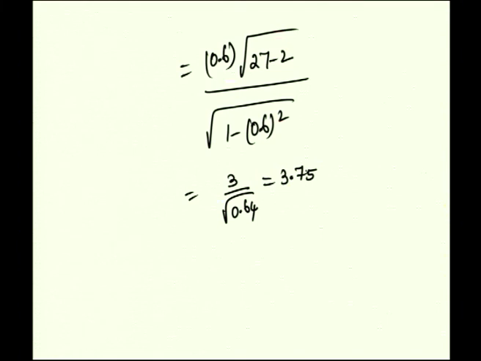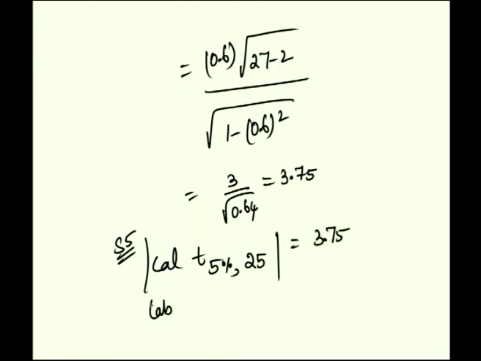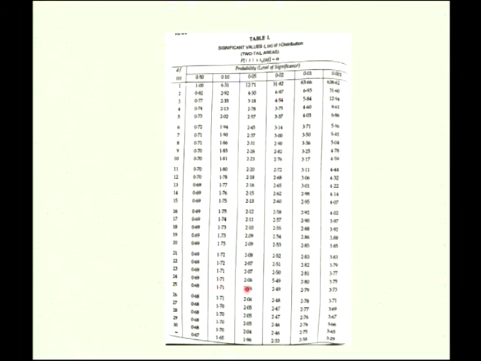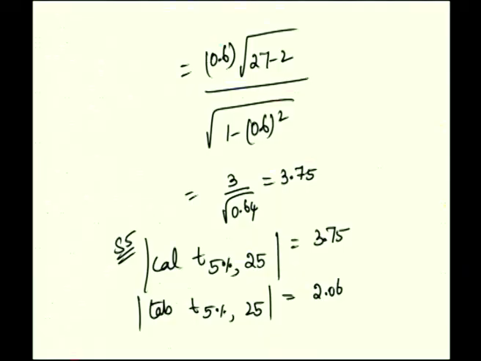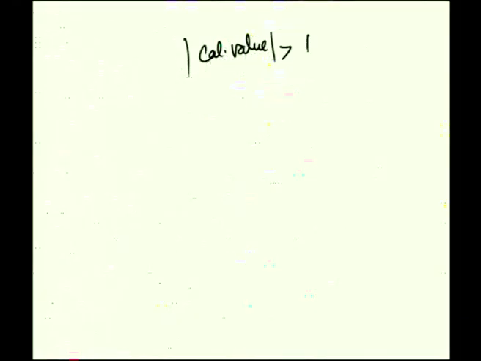So, in the conclusion step, calculated t at 5%, 25 degrees of freedom is equal to 3.75, whereas tabulated t at 5%, 25 degrees of freedom from the tables is 2.06. Then we see calculated value is greater than tabulated value.